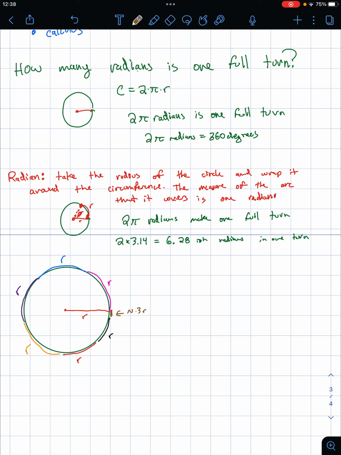So the idea is there's that many radiuses wrapped around the circle. In total, we have r plus r plus r plus r plus r plus r, 1, 2, 3, 4, 5, 6, and then about 0.3r. So we get about 6.3 radiuses wrapped around the circle, aka exactly 2 pi. So that's the idea of what a radian is.